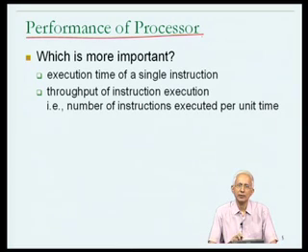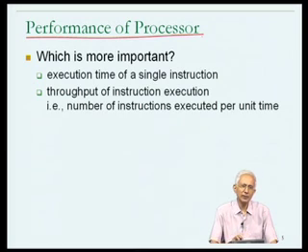Is it important to build the hardware so that it can execute each instruction in as little time as possible, in other words, to reduce the execution time of a single instruction? Or is it more important to increase the throughput of instruction execution, in other words, to increase the number of instructions executed per unit time?